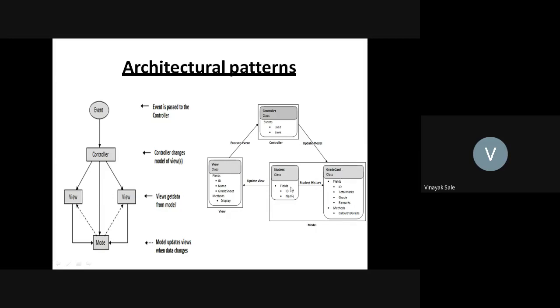The student has fields ID, name, and student history, that is ID, total marks, grade, remark, and methods. This is an example of a student grade card. This is the architectural pattern.